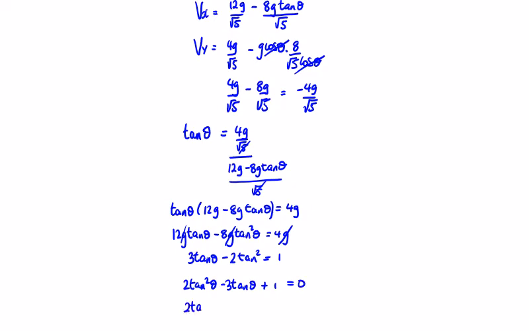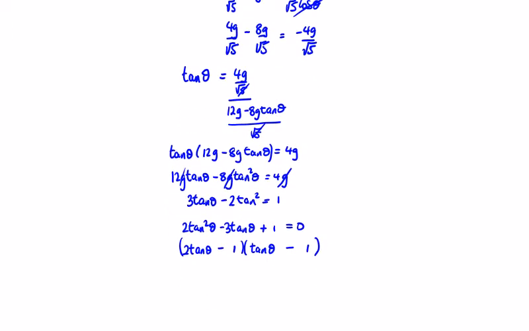So it has to be 2 tan theta by tan theta to give me 2 tan square theta. It has to be a 1 and a 1 to give me 1, and it has to be 2 minuses due to the minus in the middle and a plus at the end. So we can say that 2 tan theta minus 1 equals 0 or tan theta minus 1 equals 0.